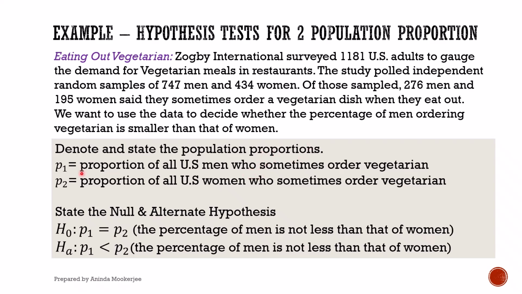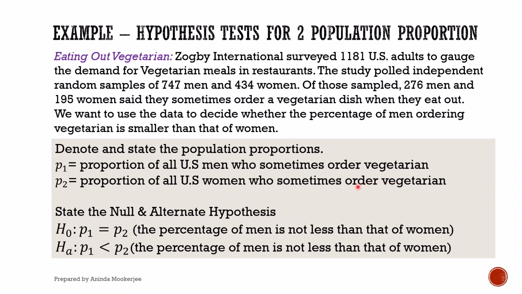So the way we state that is P sub 1 without the hat. Recall they are asking for population proportion, so no hats over the P. It's going to be P sub 1 equals proportion of all US men who sometimes order vegetarian, and P sub 2 equals proportion of all US women who sometimes order vegetarian.